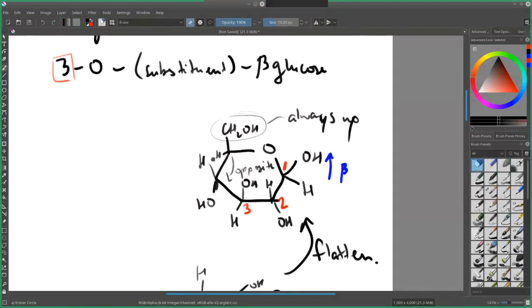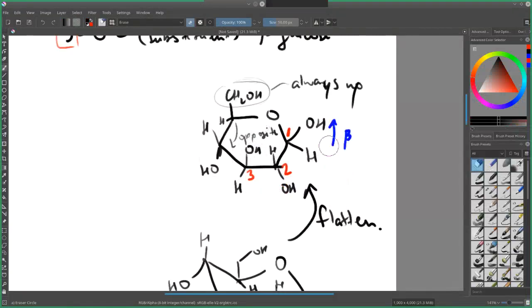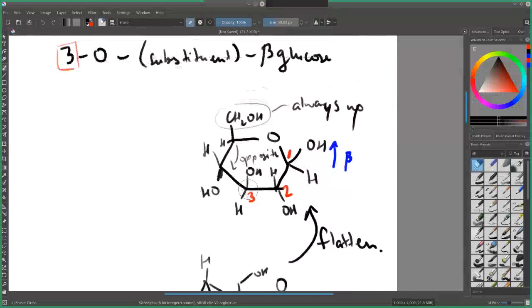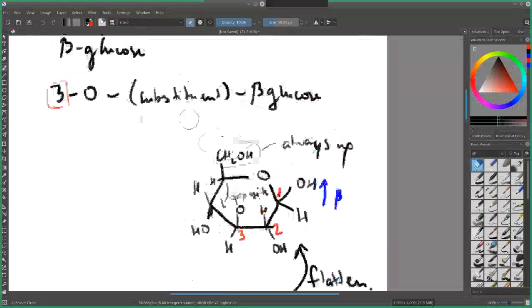Okay, so number 3, and in that case, instead of drawing an H here, we have an O-linked substituent. So maybe let me redraw just a little bit so that things are not as lumped together.